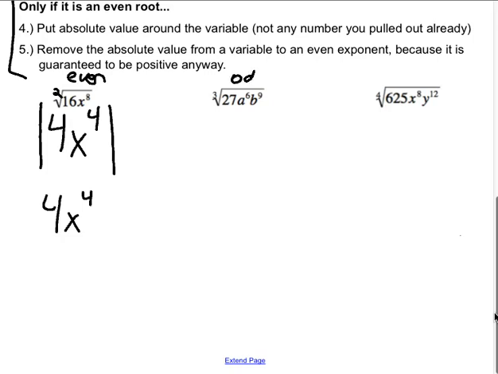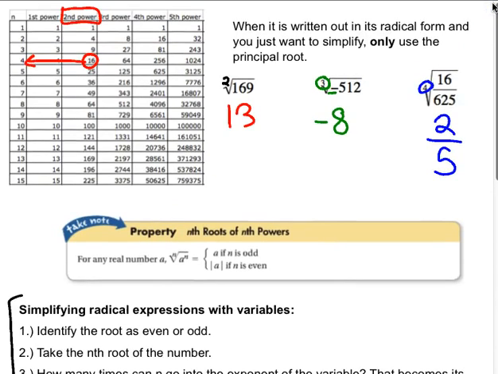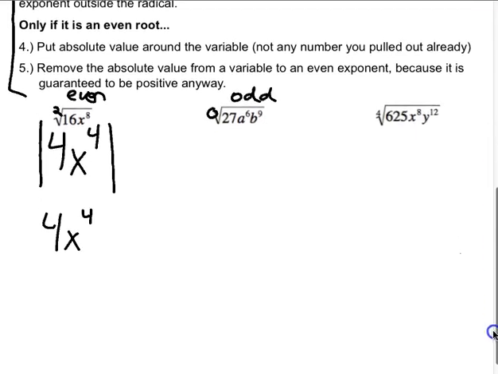Here, this one, I'm taking an odd power. So the cool thing about odd powers, you don't have to worry about the absolute value whatsoever. It's not going to be important. You don't need it. So I'm dealing with a cube root, in this case the cube root of 27. Cube is the 3rd power. 27 is going to give me 3. So here, this is going to be a 3 outside the radical.